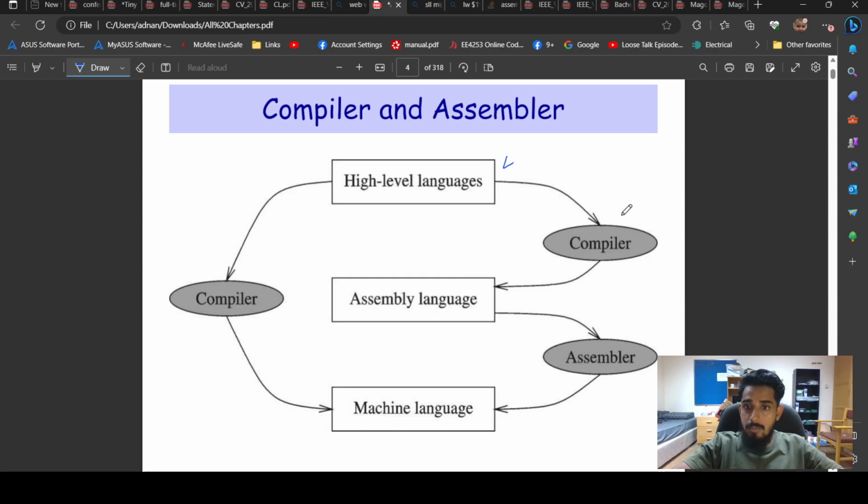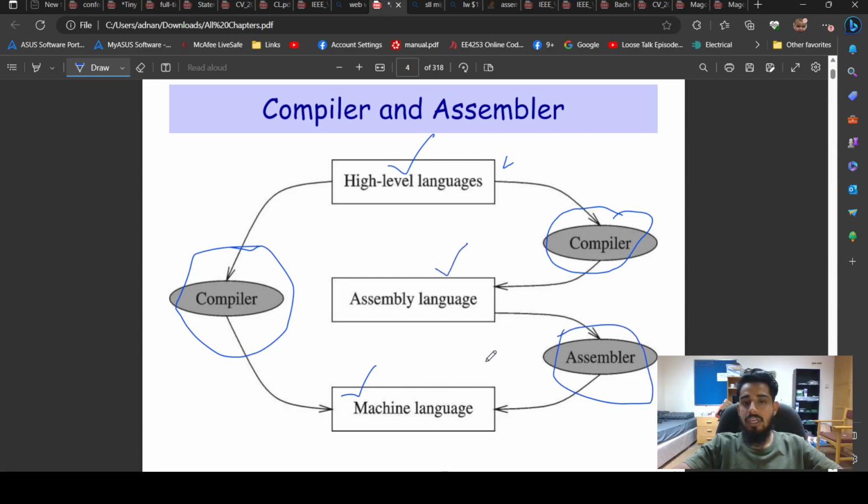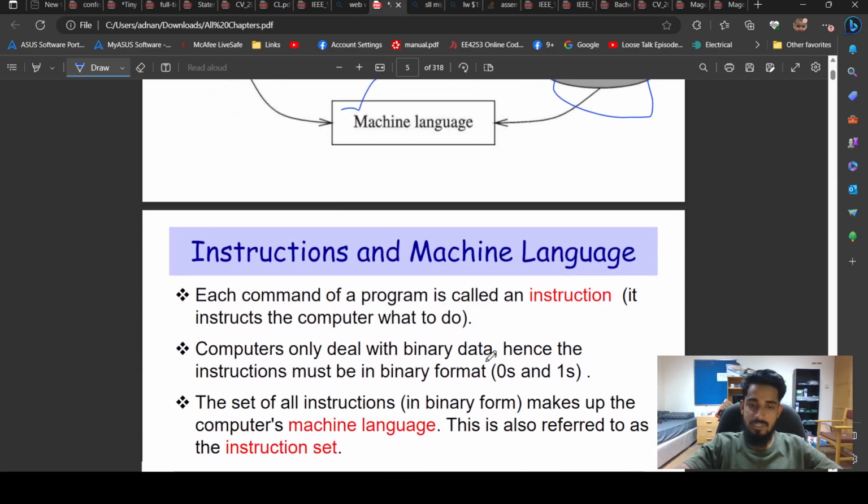The compiler can do both options. Either it can directly convert the high level language toward the machine level language, or it can convert to assembly language, and then assembly language toward the machine level language. So this is the compiler and assembler. I hope this is clear.